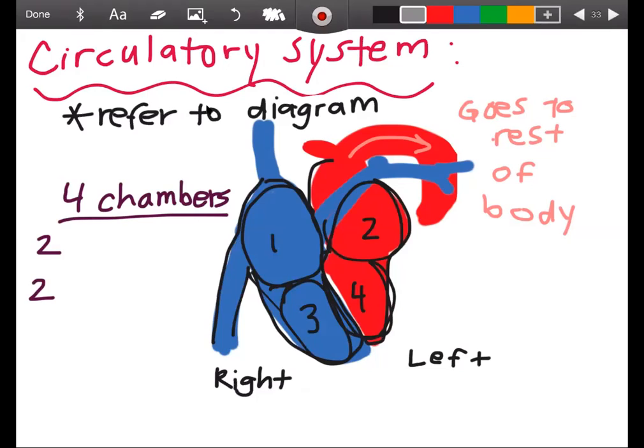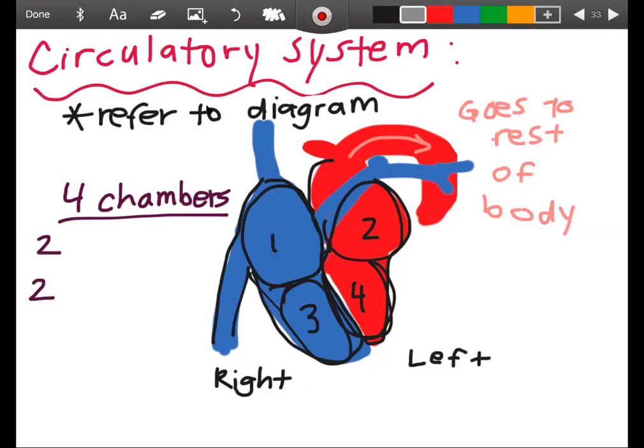Looking at this heart, I also wanted to specify that the part with deoxygenated blood, which is blue, is on the right side, and the part which is red with the oxygenated blood is on your left side. You might think, oh, the red side is on my right side.